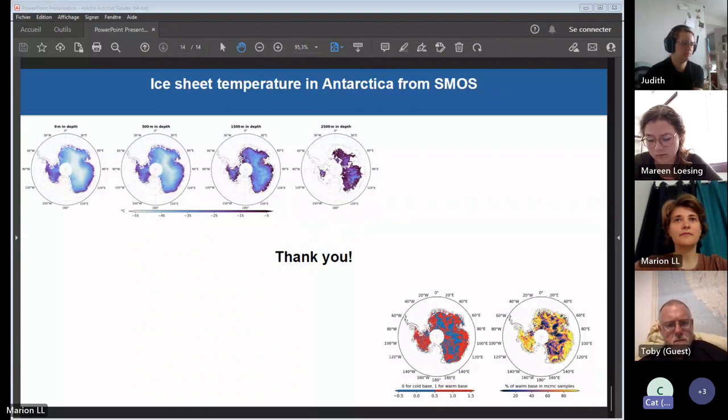Or it is in the 3D model. There is an impact, but I'm not sure we can detect it in the emulator, because one point is that we tried to give to the emulator only something that can be observed, and we cannot observe the basal melting.